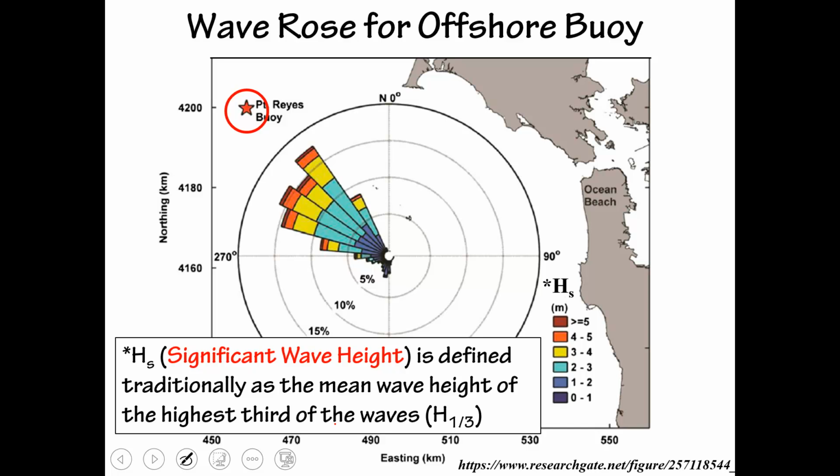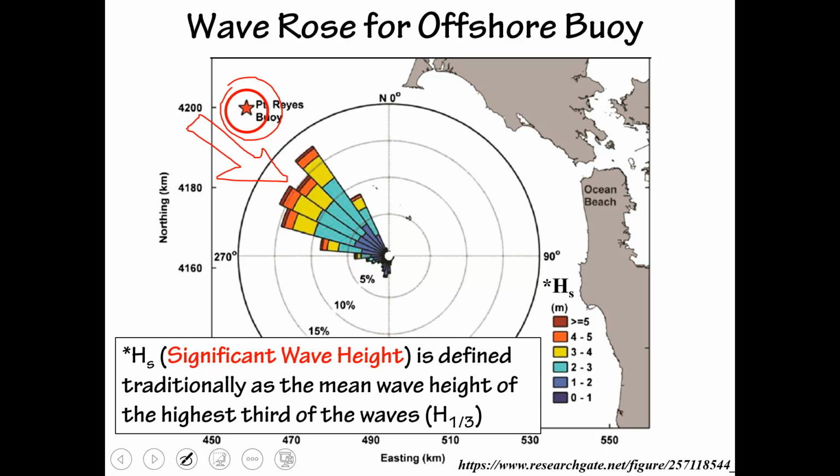If we look at the distribution of wave height and direction, and we take these from offshore buoys that record wave period and height all year round, we see the highest wave heights, and therefore the largest amount of energy and duration, coming in from the northwest.